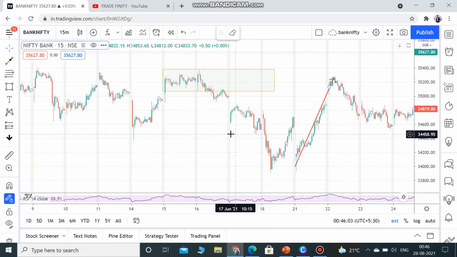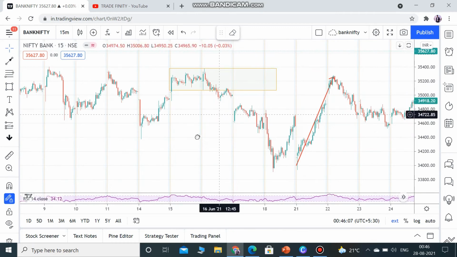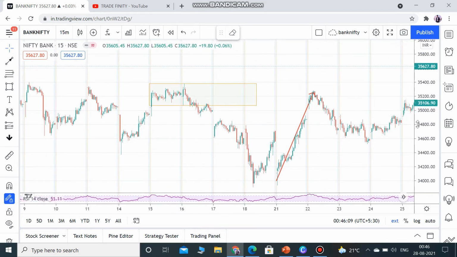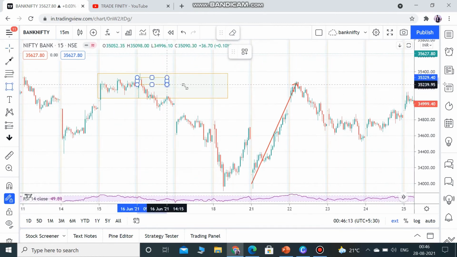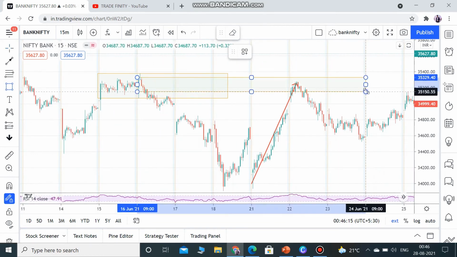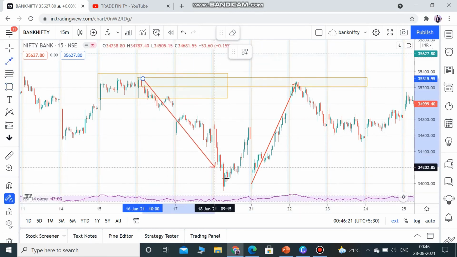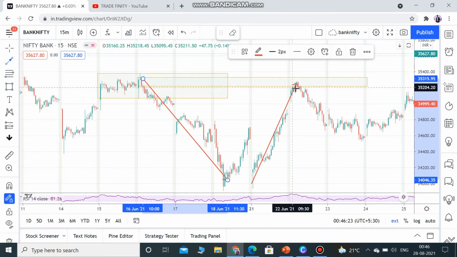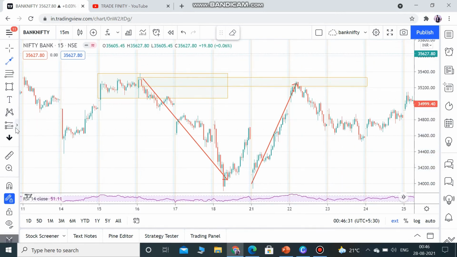Okay, then I see this basically broke out of this consolidated area. Okay, so I will mark this candle as my good resistance. From here I could see the market falling down. So whenever the market reaches here, I will be expecting it to go down with my stop loss.